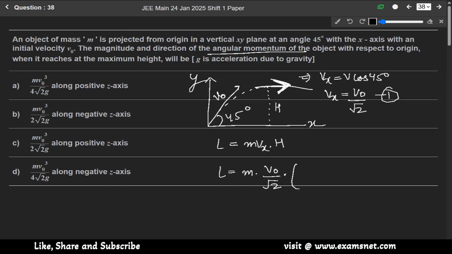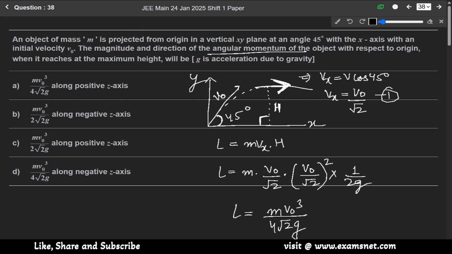This height will be, this is angle 45, this is 90 degree. So to calculate this height, we will write, it will become (v naught by root 2) whole square into 1 over 2g. Okay. So when we solve it, L will come out to be m v naught cube over 4 root 2 g.